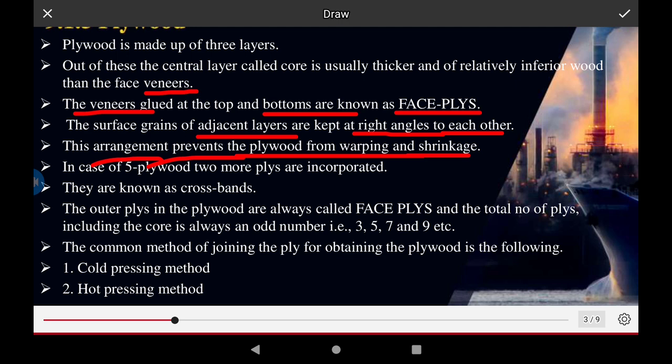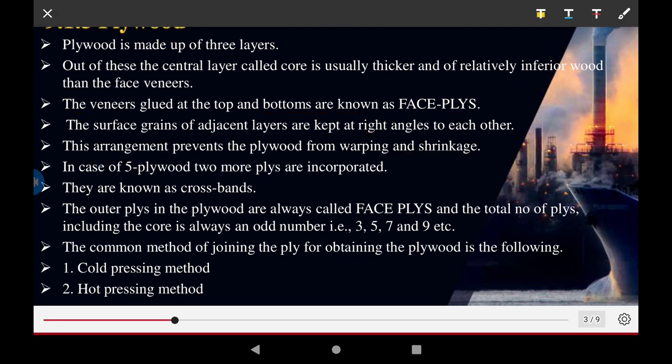In the case of five-ply plywood, two more plies are incorporated, known as crossbands. The outer layers in plywood are always called the face plies, and the number of plies including the core is always an odd number: 3, 5, 7, and 9.